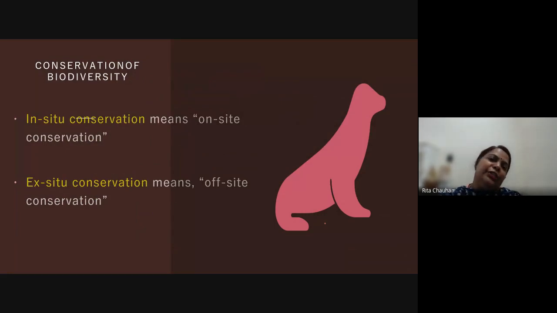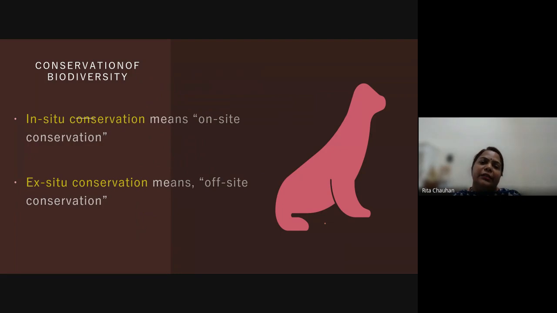So what are the measures by which we can conserve biodiversity? There are two main ways: in situ conservation and ex situ conservation. In situ means on the site. For example, if we want to conserve a tiger or a lion, we have to conserve that lion in that forest area only.